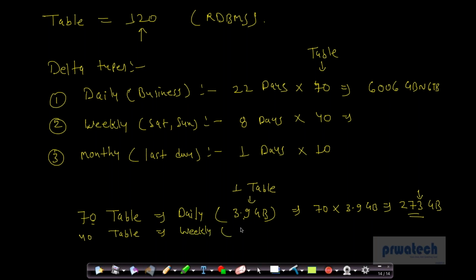and weekly here I'll take 2.2 GB. So 2.2 into 40, 40 into 2.2 GB, this is 88 gigs.